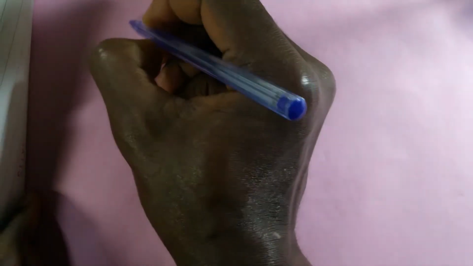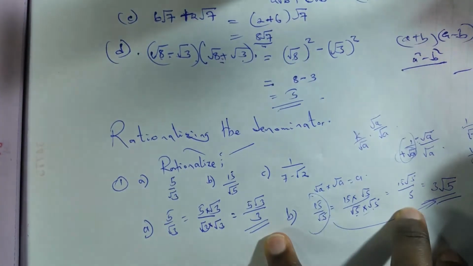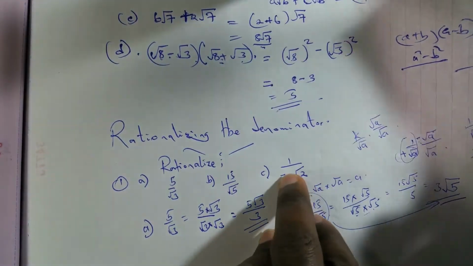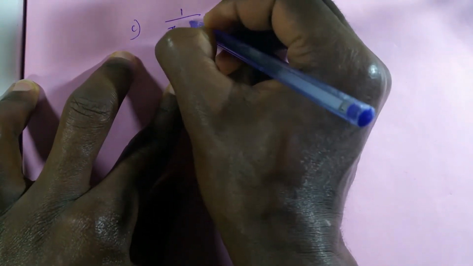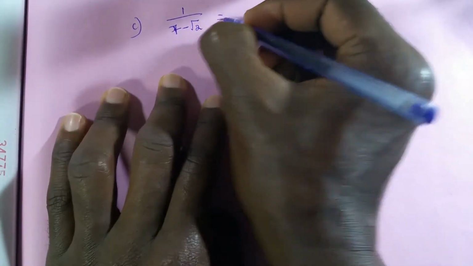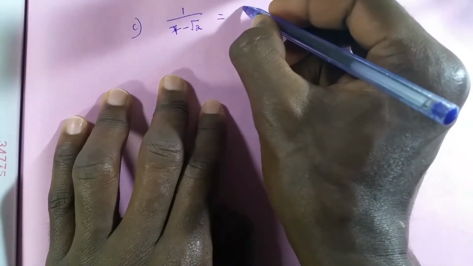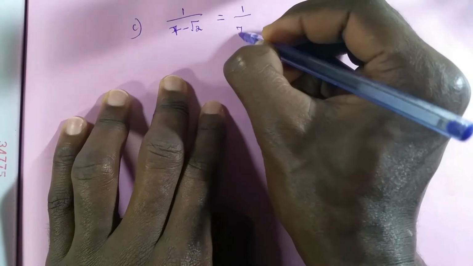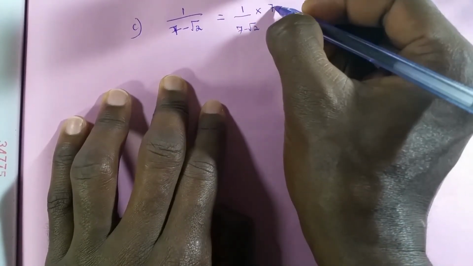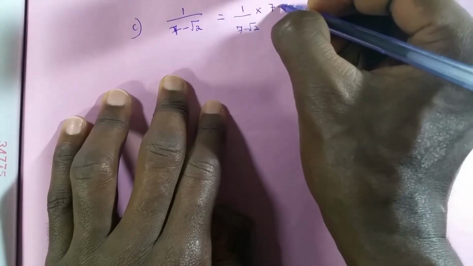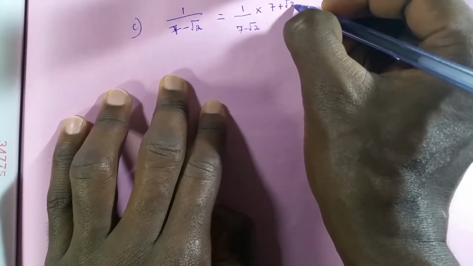C is actually saying that C is 1 out of 7 minus root 2. It's the same as saying that 1 out of 7 minus root 2 times, we multiply the numerator by the conjugate. I said conjugate: same components, but you change the sign.